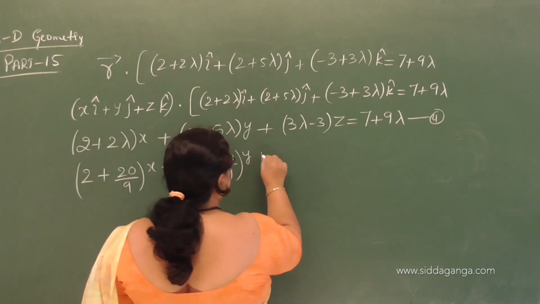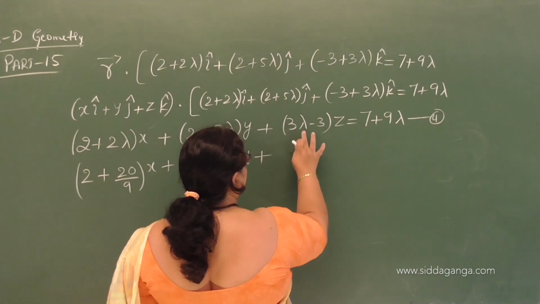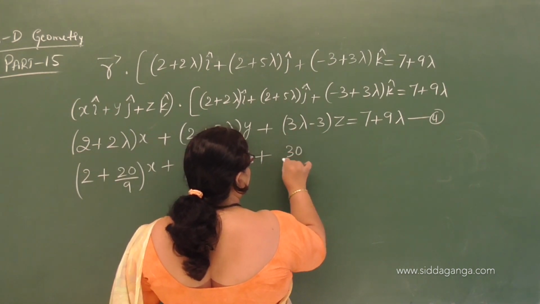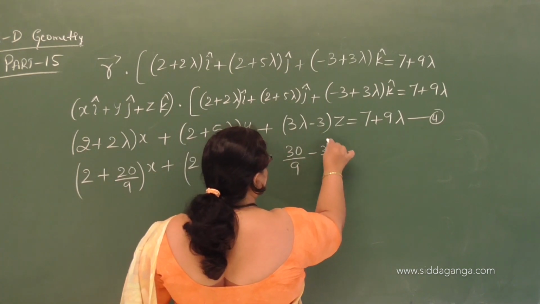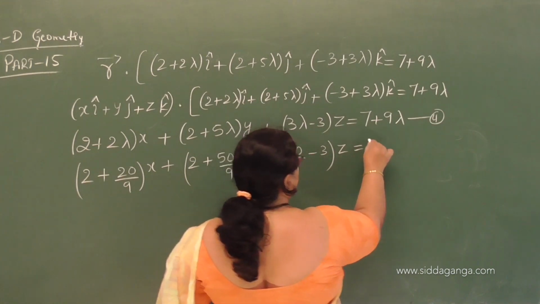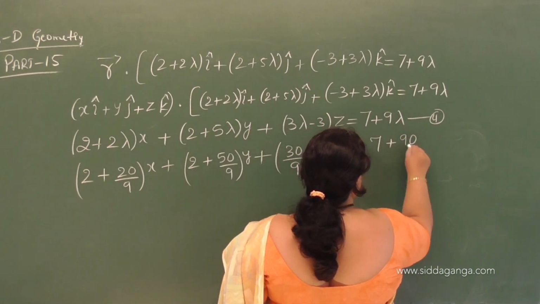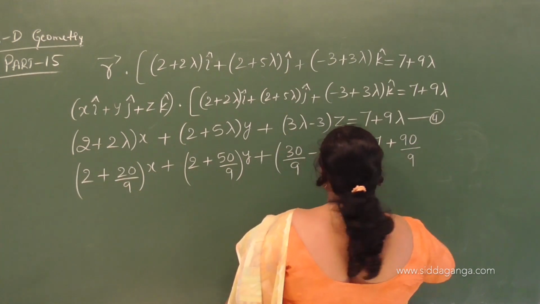Next plus (lambda value is 10 by 9, 10 3s are 30 by 9 minus 3) into z equal to 7 plus 9 into 10, that is 90 by 9.